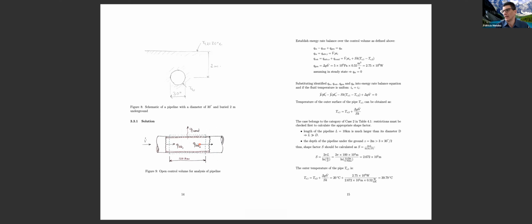Well, this is an excellent answer. The temperature on both ends is the same, and if the temperature on both ends is the same, there is no conduction. So what you said is true. But if the temperature on both ends were different, we still would not account for conduction.